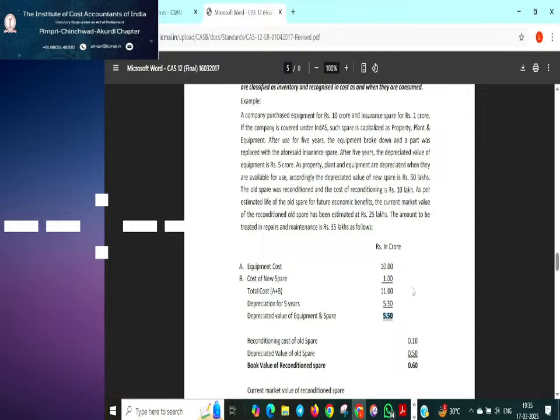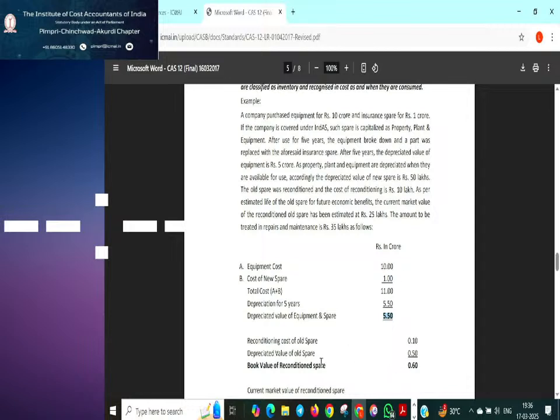So did you understand till here? Yes? I don't know why it is often jumping. So when it is 5 crores 50 lakhs, now what have you done? The old spare has been reconditioned. The cost for that is 10 lakhs, which is what they have given here. And the depreciated value of the old spare is 50 lakhs.